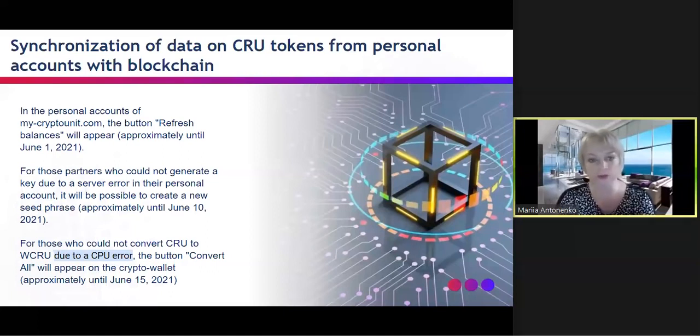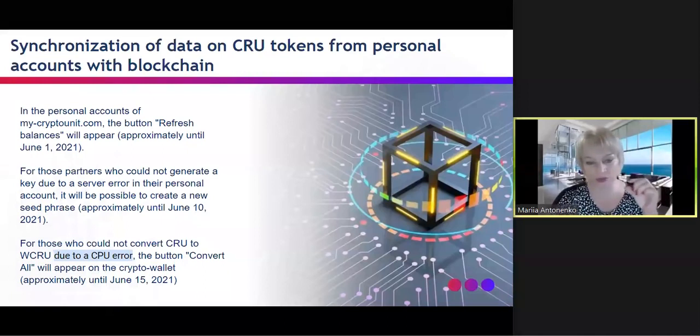So every person who filled in the table, well, basically any person who thinks that they have a desynchronization of balances can click on that button. And so what will happen is that the back office will start sending to the blockchain the transactions that, how to better put it, didn't make it to the destination point.